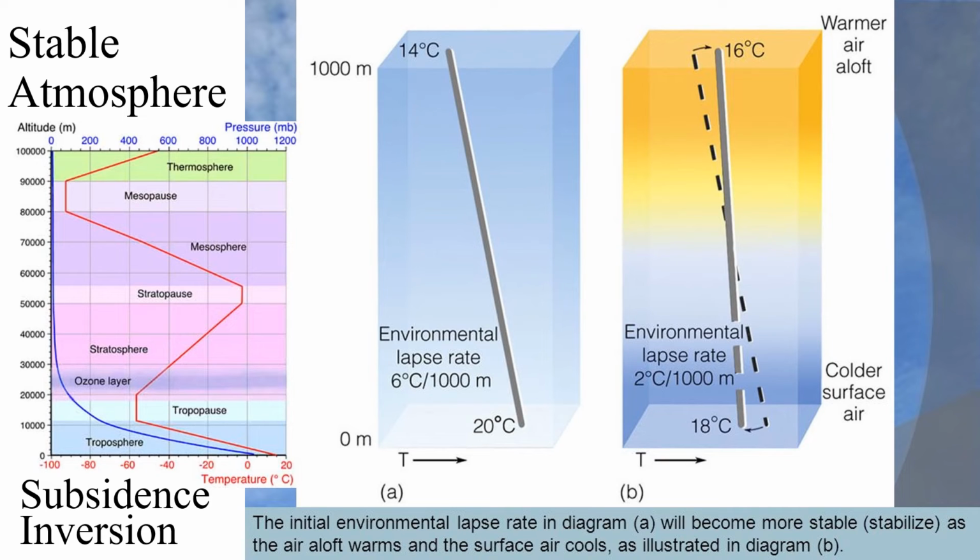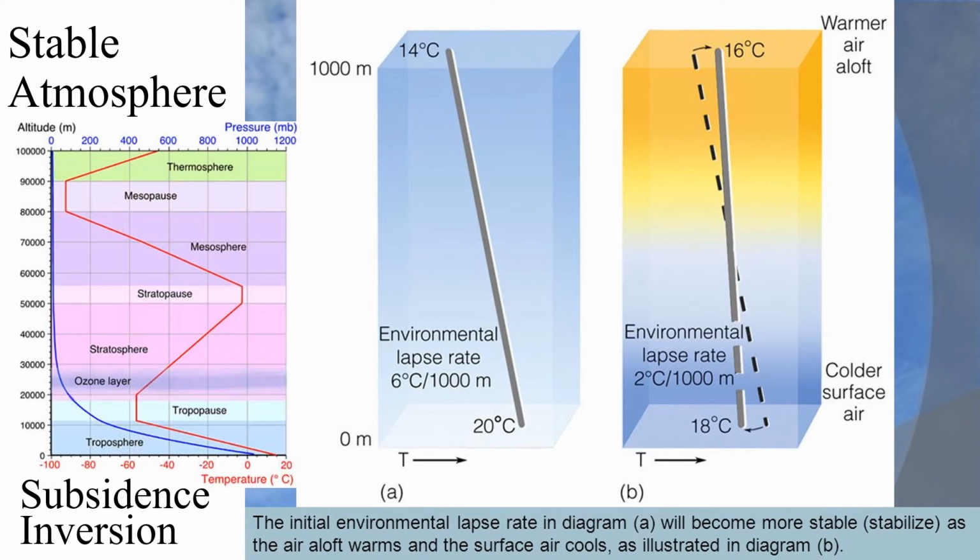As the layer subsides, it becomes compressed by the weight of the atmosphere and consequently shrinks vertically. The upper part of the layer sinks further and warms more than the bottom part.